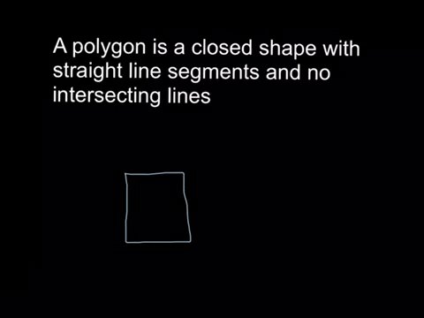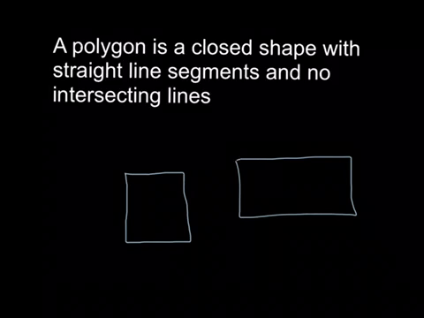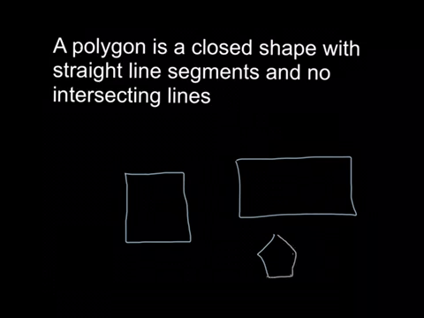So a square would be a polygon. We could make a rectangle, a pentagon, which has 5 sides. So there's a lot of options when it comes to polygon, and we're going to explore those in this unit as we move through the unit.